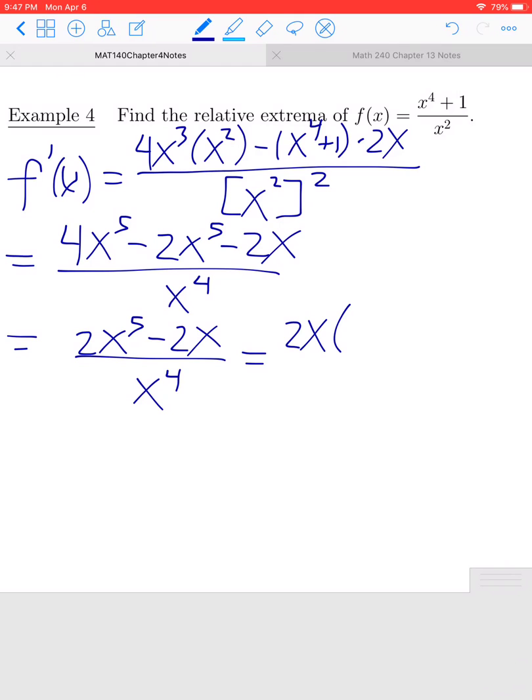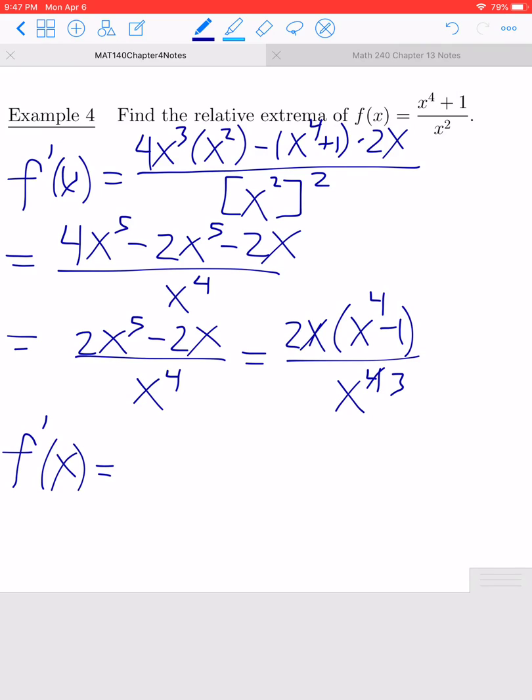We have an x to the fourth minus 1 all divided by x to the fourth. And now we get a little bit of cancellation here. We can cancel one of those powers of x. And so a nice simplified expression for the derivative is that f prime is going to be equal to 2 times x to the fourth minus 1 all divided by x cubed.